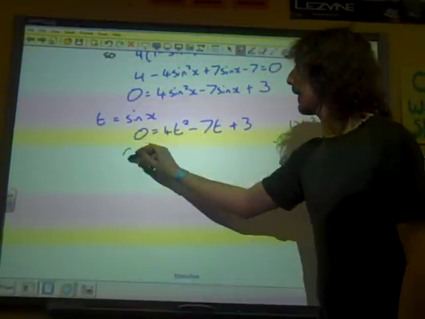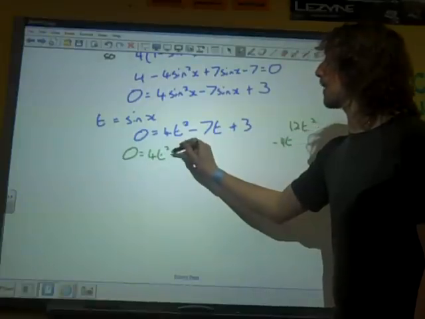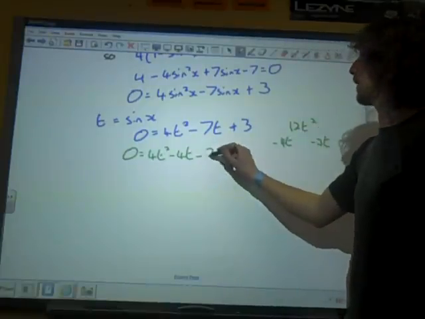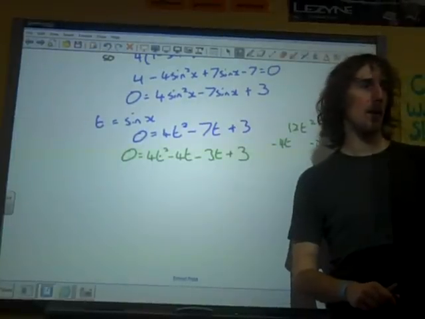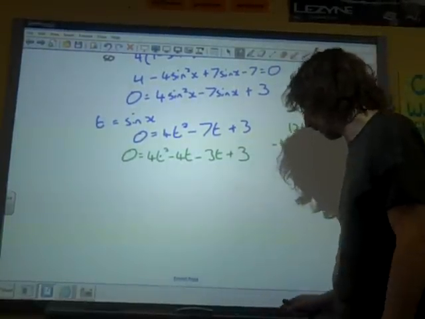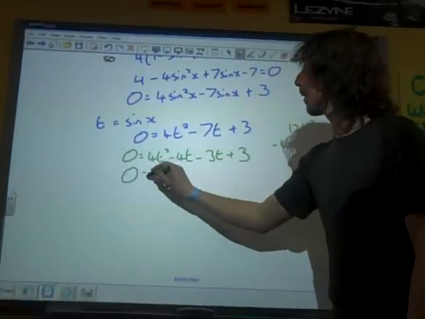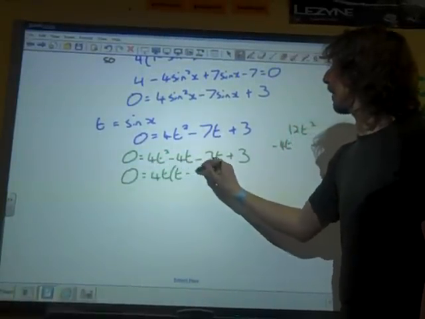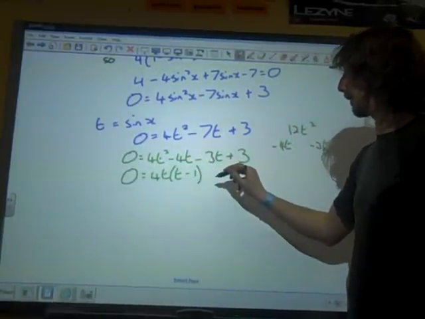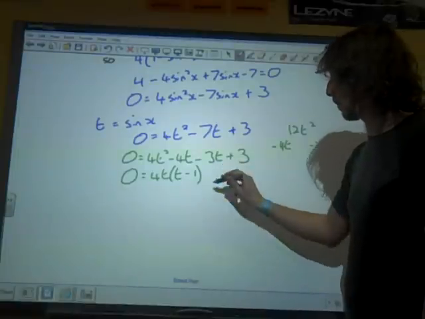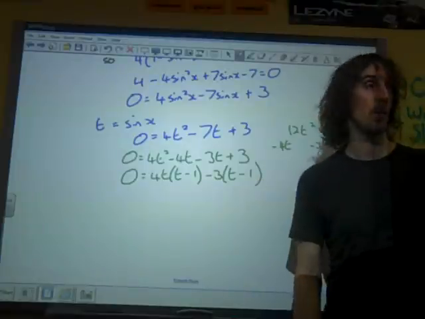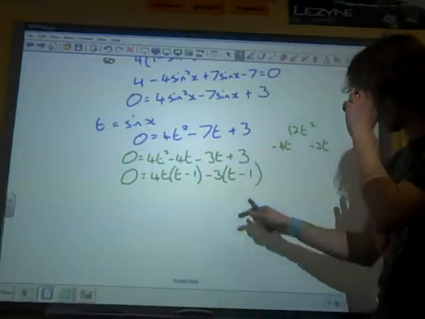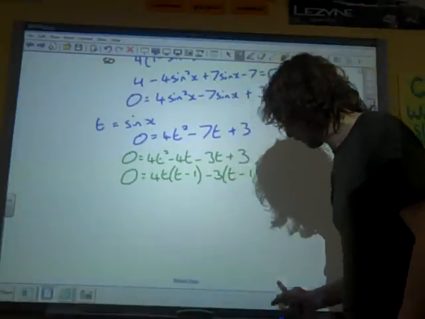So if we write this as being 4t squared minus 4t minus 3t plus 3, and then factorise it 2 terms at a time, I've got 4t times t minus 1 and minus 3 times t minus 1. There we go. And so t minus 1 appears twice, so that must be one of my factors.